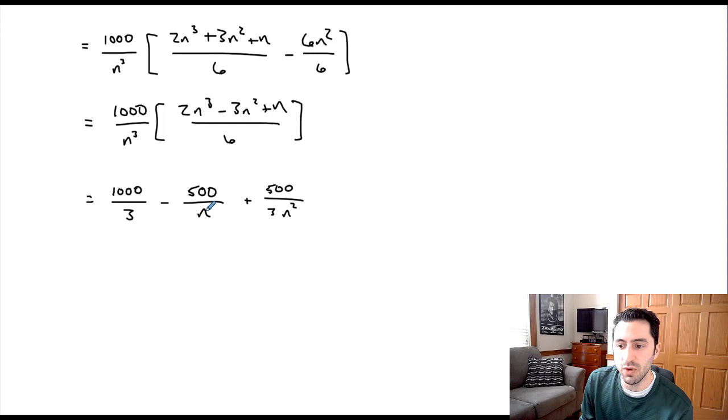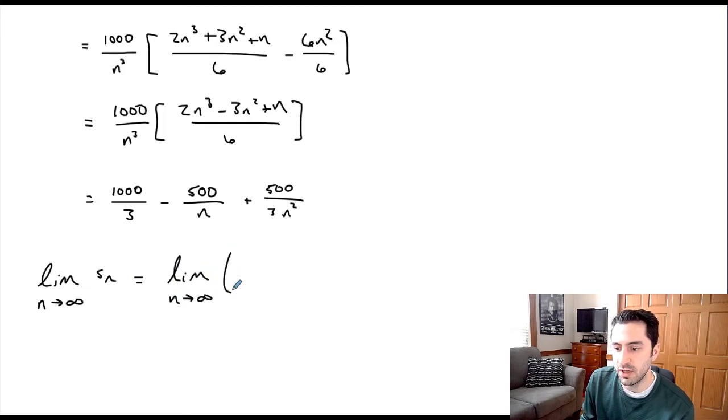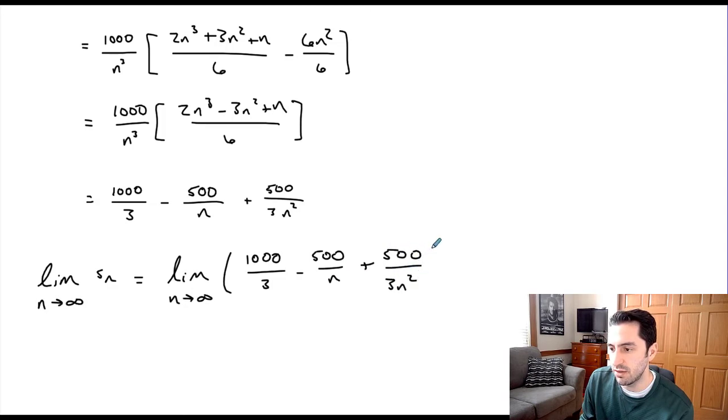Now we want to let n become unbounded, so we want to find the limit as n approaches infinity of our sum: the limit as n approaches infinity of 1,000 over 3 minus 500 over n plus 500 over 3n squared.